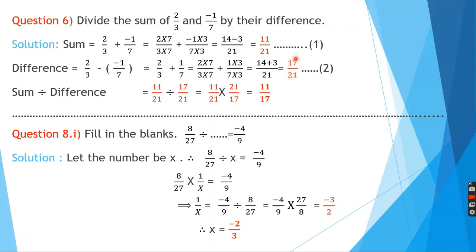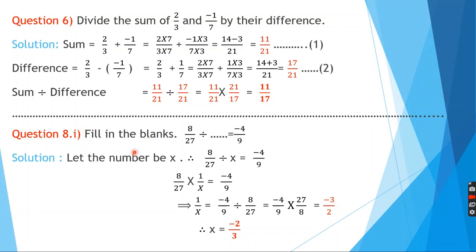That is equal to 17 by 21. They are asking sum divided by difference. That is 11 by 21 divided by 17 by 21, which is equal to 11 by 21 into 21 by 17, which is equal to 11 by 17.